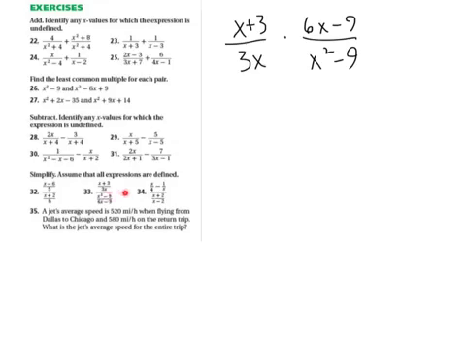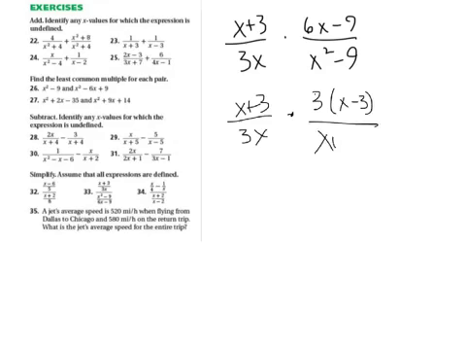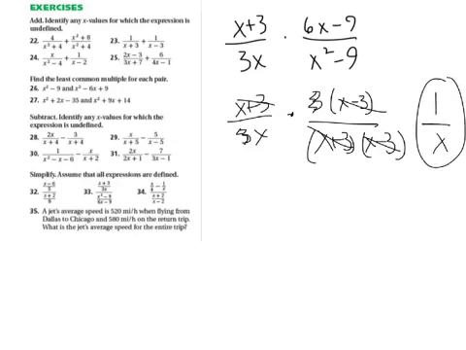So then I need to factor everything. x plus 3 over 3x times (x plus 3)(x minus 3) over 3 times (x minus 3). The x minus 3's cancel, x plus 3's cancel, and the 3's cancel, leaving basically just a 1 over x. That's my answer.